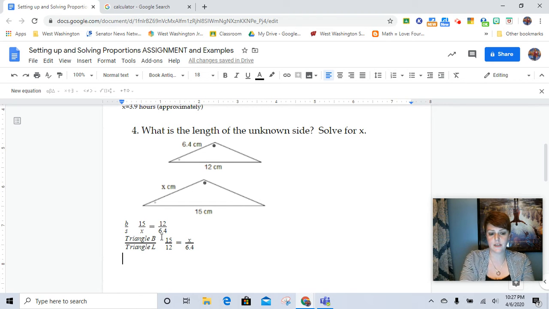Now, these two are completely different setups, right? But when we cross multiply them, look here, we're still multiplying 15 times 6.4, x times 12, 12 times x, whatever, it's the same thing. And so if you keep the sides of the same triangle in the same fraction, that's fine.